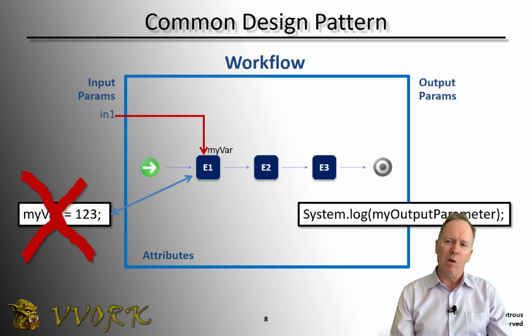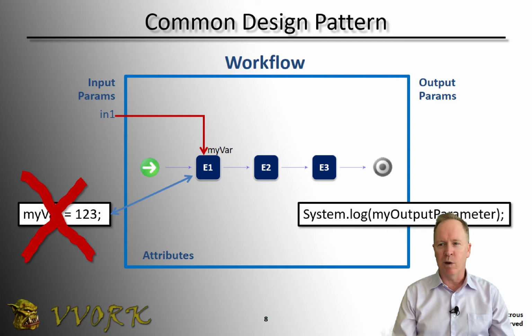Similarly, when you have output parameters in your workflow, at times you might be tempted to view what's the value of this output parameter called my output parameter. Well, in reality, you're not going to ever be able to see the value of any of your output parameters from within your workflow, because much as input parameters are read-only, you can only see what's in them, you can't change them, output parameters are write-only.